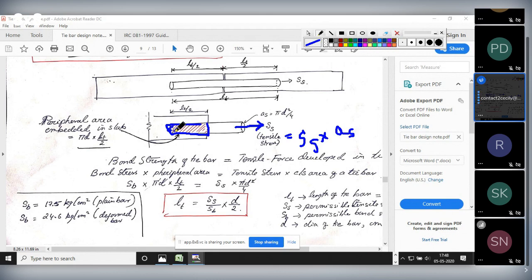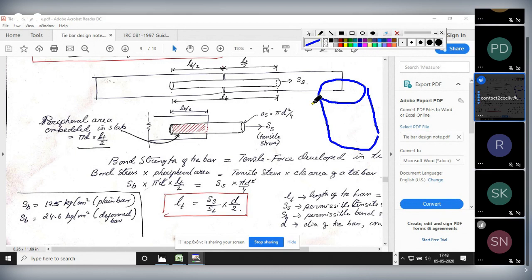Now can we find this area? Can anyone explain how we can find that circumferential area? If we know the diameter, suppose this is your cylinder, and I ask what is the outer surface area of this cylinder, then how will we calculate?